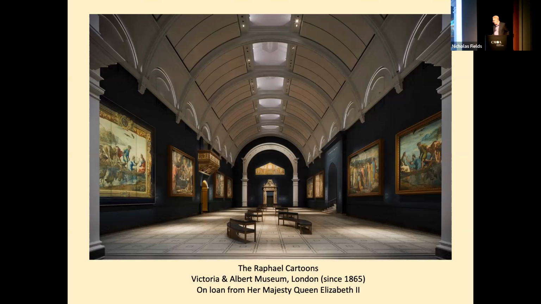And they are in the Victoria and Albert Museum. They were in at least one other location before coming to the Victoria and Albert Museum in 1865. And in theory, they're still part of the royal collection.